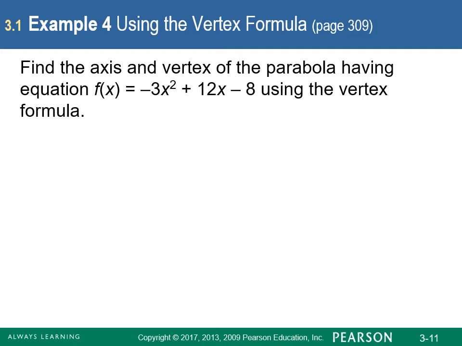So when you enter the answers, like in the homework, the vertex you would enter as the point, meaning parentheses, 2, 4. Now the axis you enter as an equation, x equals 2, because it's the vertical line through x equals 2.